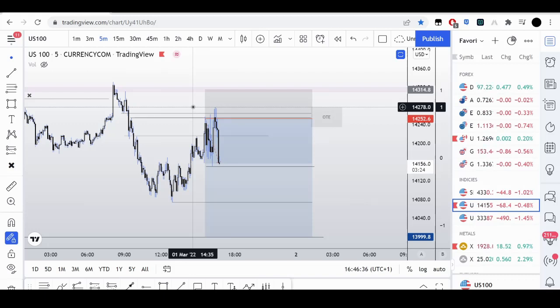I need a trade copier. It would make it so much easier to do all this. 14278.0. 14278.0. Okay. All right, there we go. All right, so my stops are above this high now.